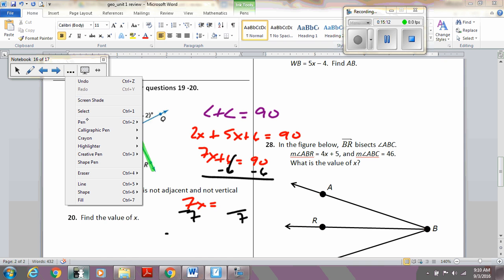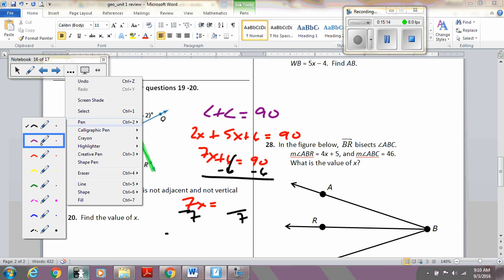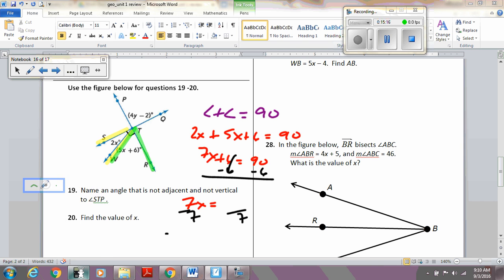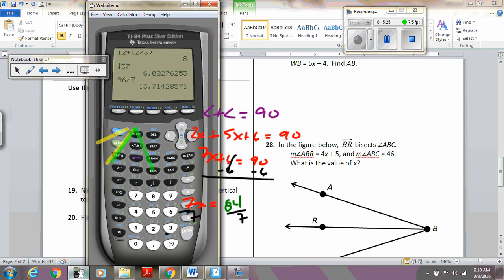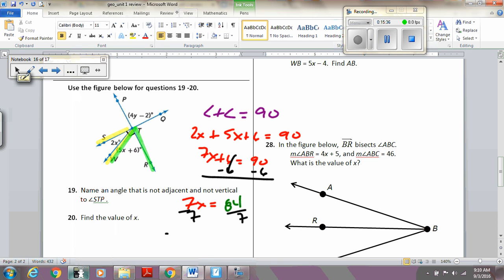Alright, so it's supposed to be 84 divided by 7, which would probably be a better answer. 12, yes, definitely a much better answer. So x equals 12. Final answer.